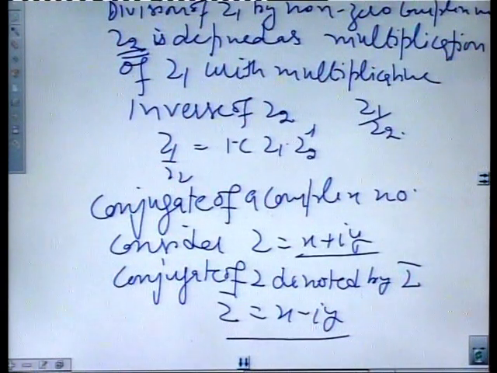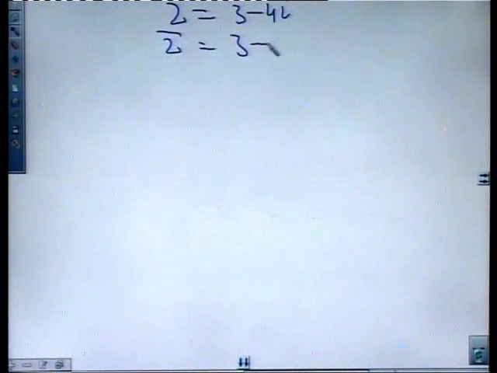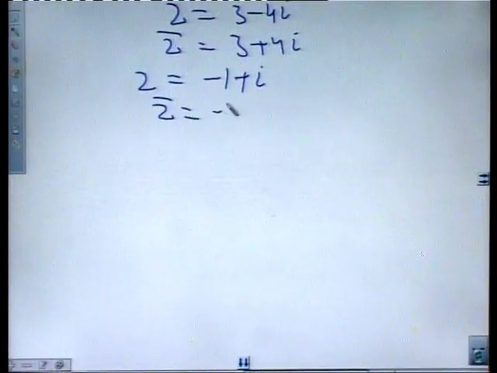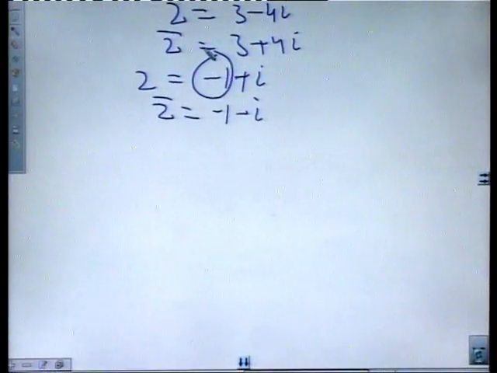You simply change the sign of the imaginary part. To find the conjugate, simply change the sign of the imaginary part. If we have a complex number of the type, say, 3 minus 4 iota, then z conjugate will be 3 plus 4 iota. If the complex number is minus 1 plus iota, then z conjugate will be minus 1 minus iota. Do not change the sign of the real part, change the sign of the imaginary part.